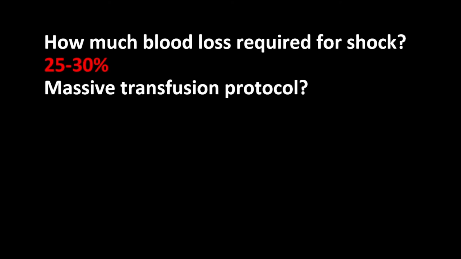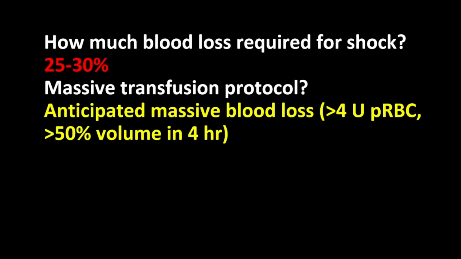So MTP, or massive transfusion protocol, is initiated when there's anticipated massive blood loss. So anytime a patient is rapidly bleeding or has more than 4 units of packed red blood cells required.